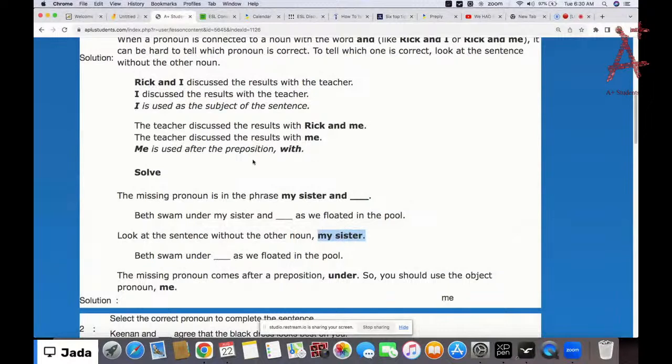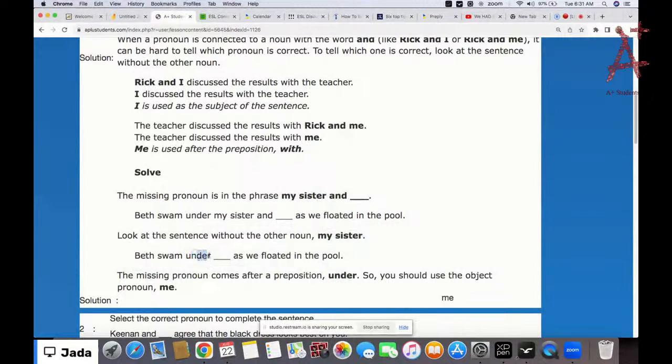So now bed swam under dash as we floated in the pool. So the missing pronoun has a preposition. You see, when you remove my sister to try and get the right answer, you're going to see that bed swam under, and under is a preposition.